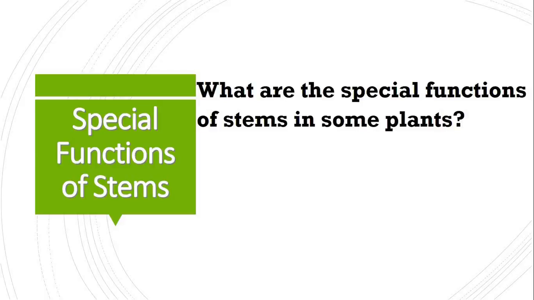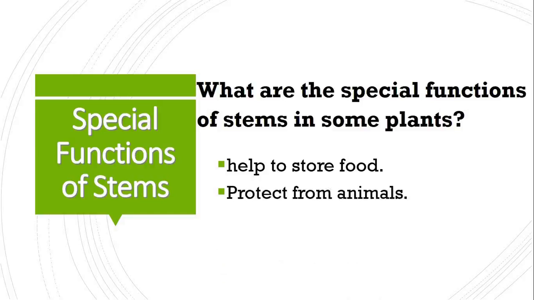Come on, let's see. Underground stems, like in the potato and ginger plants, help to store food for the plants. Stems of some plants, such as a rose plant, have thorns that protect them from insects and animals. Stems of some other plants, such as cactus, store water.